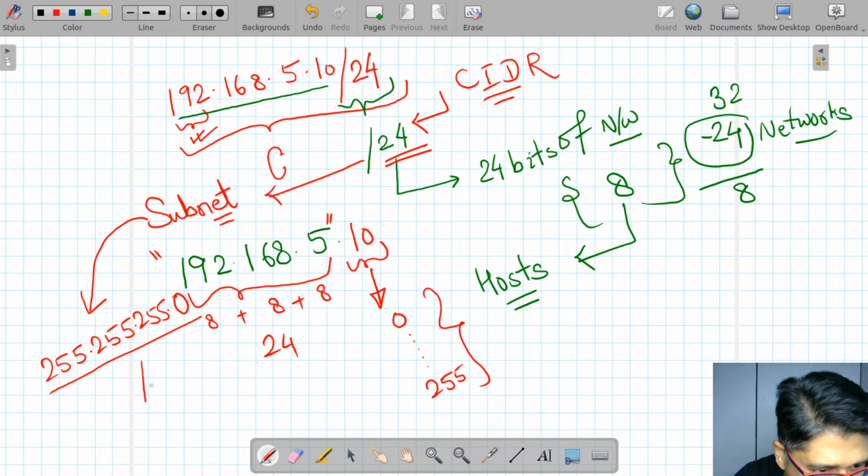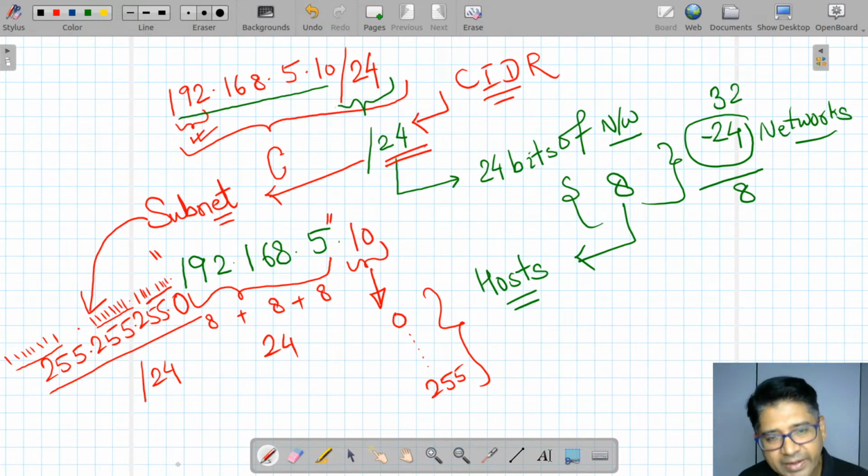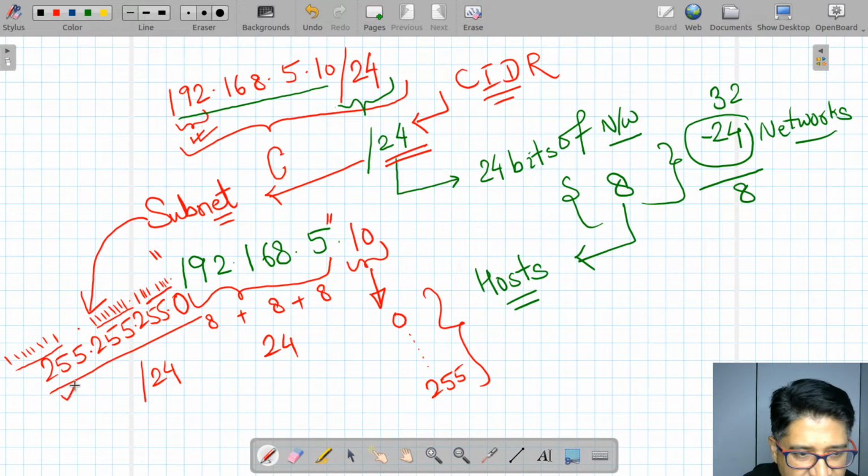So this is called /24. How many bits? 255 means all ones. The second octet is all ones, and the third octet is all ones. If you add 8 plus 8 plus 8, that is 24. Clear?